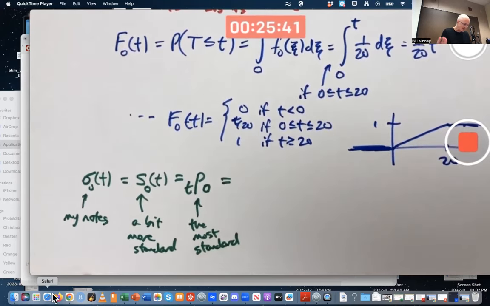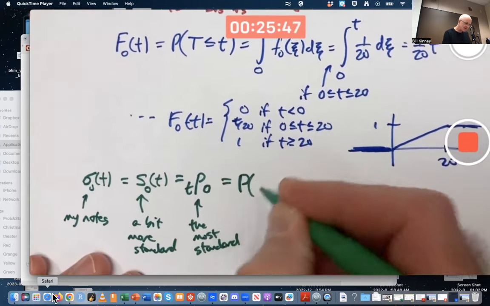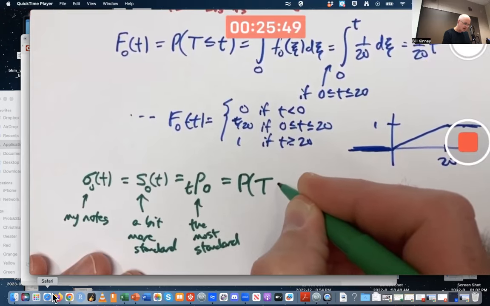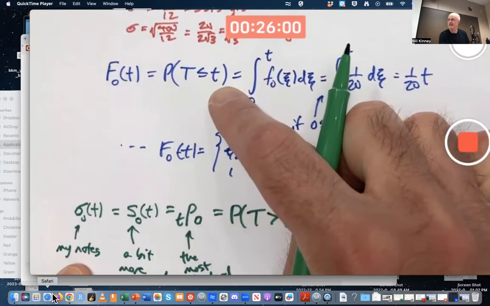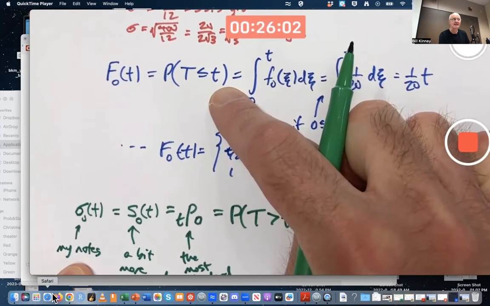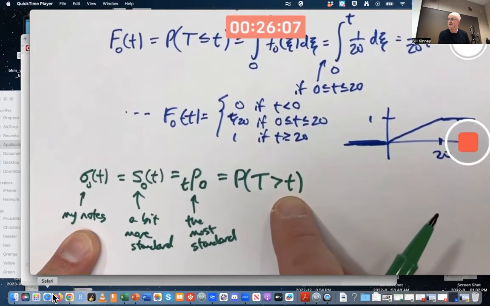What does this represent? It's a survival function. It is the probability of capital T being greater than little t, of surviving to at least little t years old. Instead of dying by little t years, you have survived to at least little t years, whether you are a person or a refrigerator.